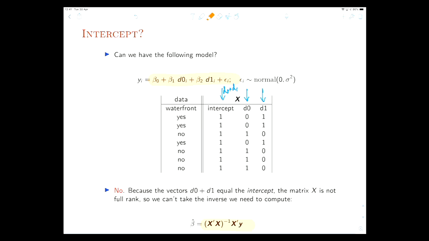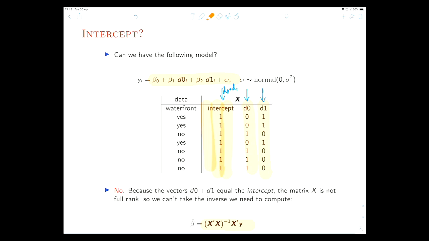Practically speaking, this intercept variable is redundant. It's not giving us any new information. Whatever it provides can be easily gleaned from the other two. We don't need the intercept term.